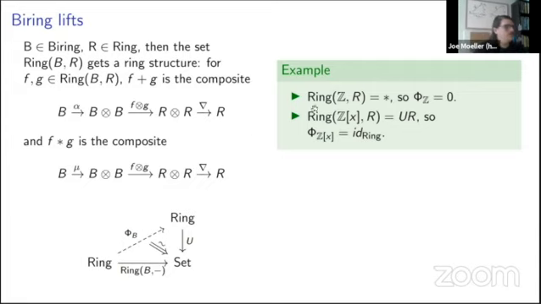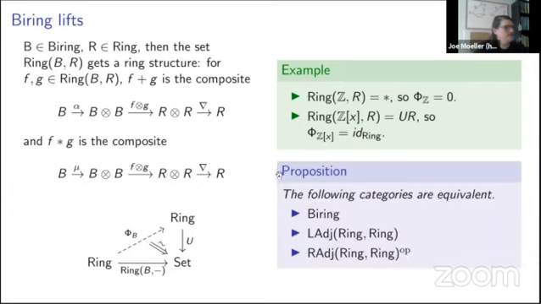These functors are always going to be right adjoints. It's not too hard to show, and this characterization of them as right adjoints actually characterizes them completely. So birings are exactly the same thing as right adjoint endofunctors on the category of rings.